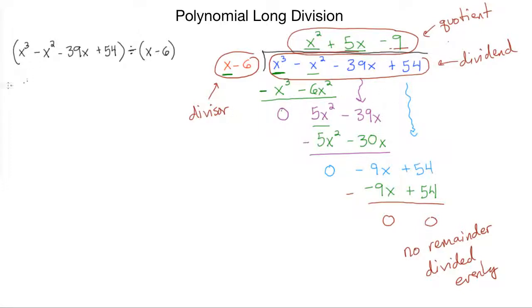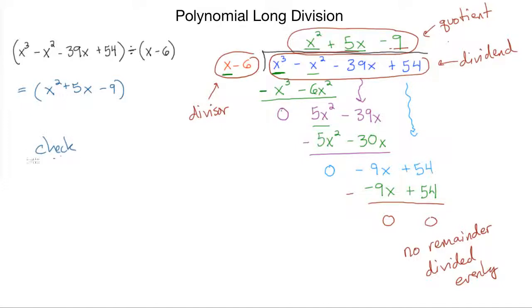Okay, so let's take a second look. So I did long division. Hopefully that made sense to you as we went through it. But here's a way to check that we did it correctly. If this divided by this should equal x squared plus 5x minus 9, well then we should be able to check it by doing some multiplication.